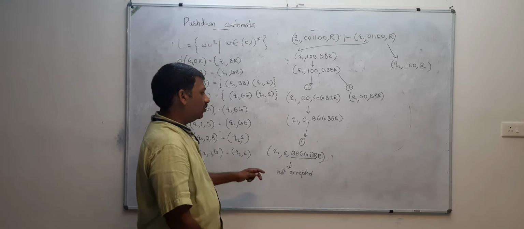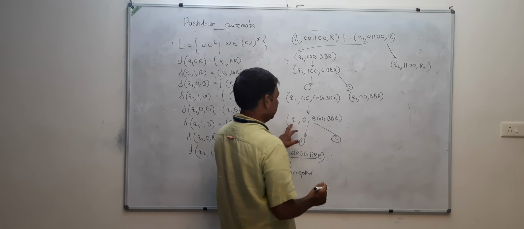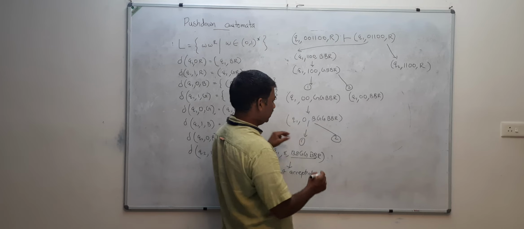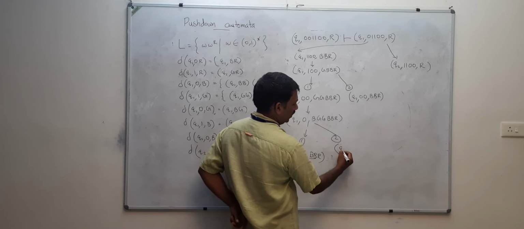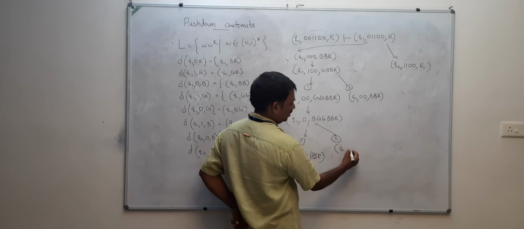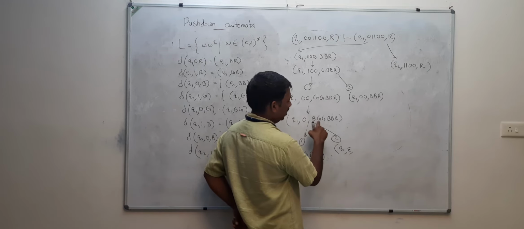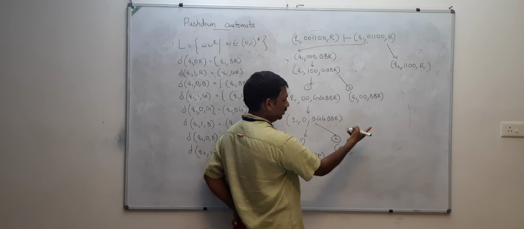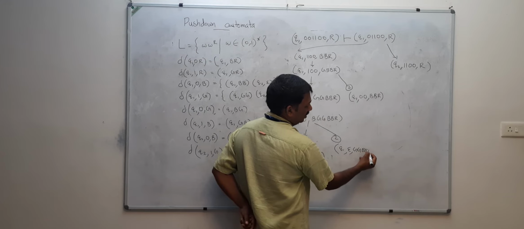Okay. Now from this you take the second route. That means you are removing this blue symbol, and now you are going to have Q1, moving to the next input. You have consumed all the inputs, and having popped this blue plate, what remains is GGBBR.